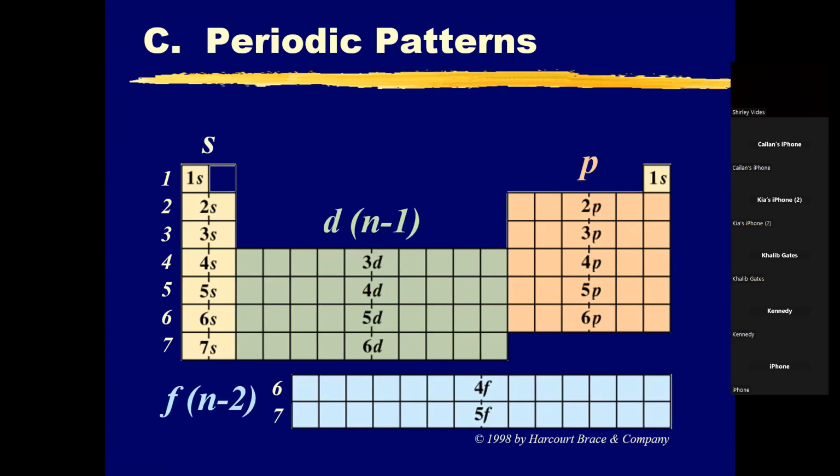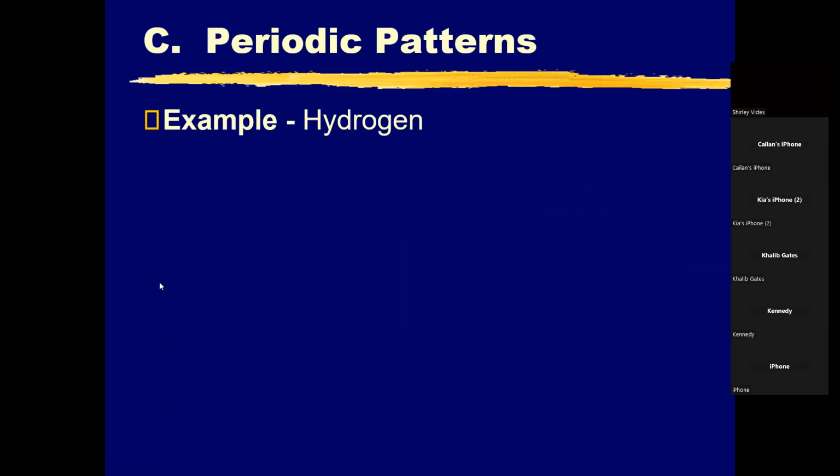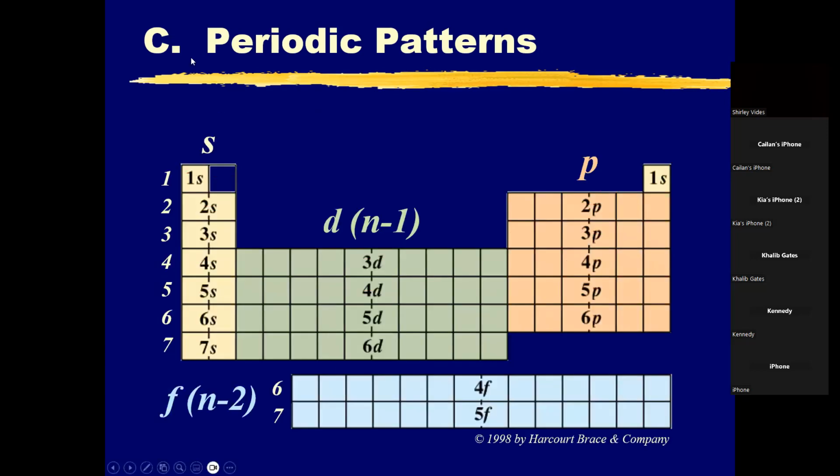And why do we have n minus 1 and n minus 2? Well, since we are in, oops, sorry, I forgot to put my annotation. Okay, there we go. Since we are in this group, you notice this is 4, but the coefficient for that D is not 4, it's 3.